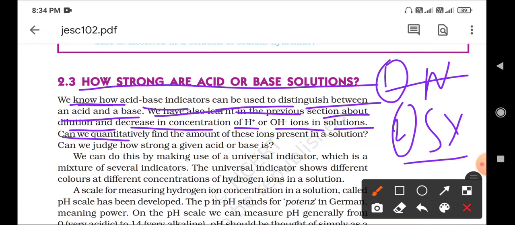Can we quantitatively find the amount of these ions present in a solution? You already know the definition of dilution: mixing of acid or base with water is called the dilution process, correct?